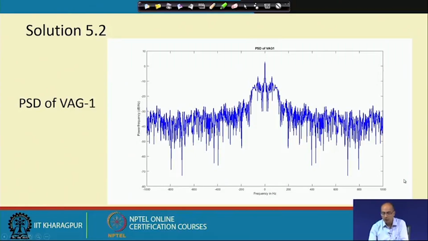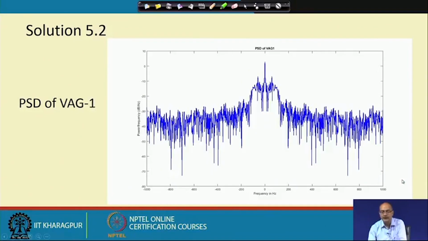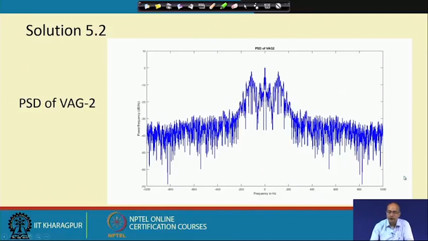So, here is VAG 2. If we flip through, go back to VAG 1 and come back, we see two peaks here near the 0 frequency are more prominent. Okay. That is the essential difference between the two spectra.